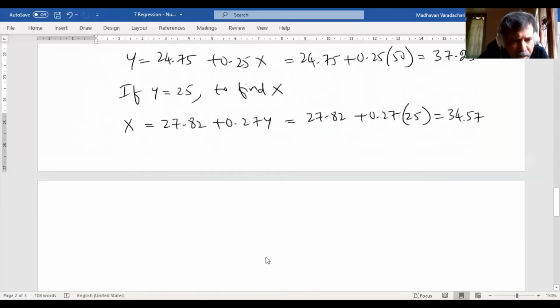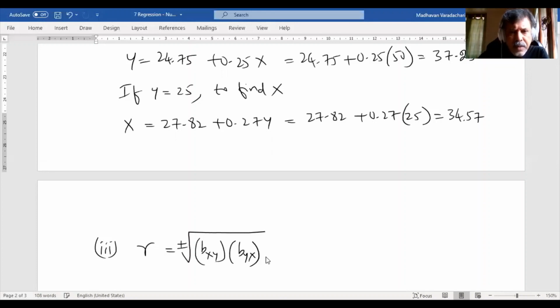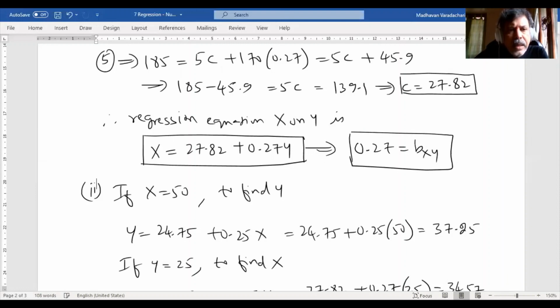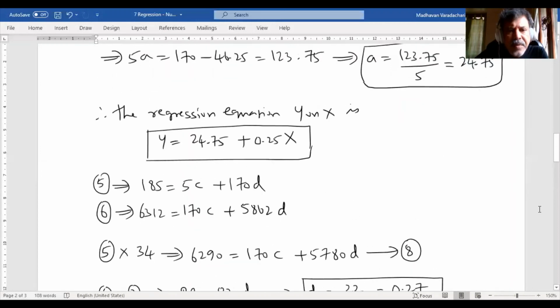Now let's move on to the last part of the question, to find the correlation coefficient, that is r, using the regression coefficients. So we know that it is plus or minus square root of bxy into byx. Here, this 0.27 is our bxy, and going back to the previous equation, our byx is 0.25.